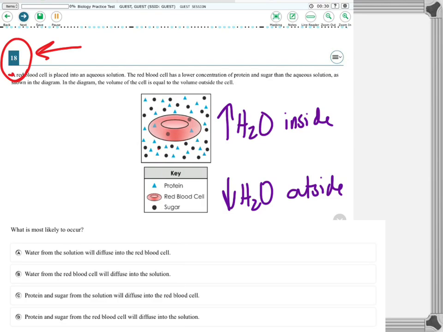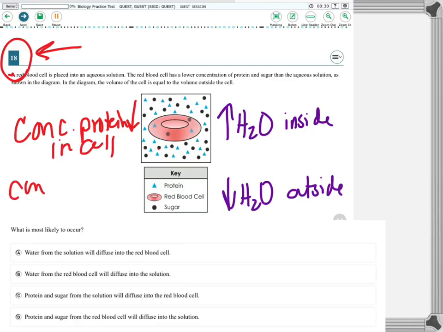So, since the concentration of protein and sugar is lower inside the cell, that means it's higher outside the cell. So that's the concentration of, we'll just say protein, is lower in the cell.